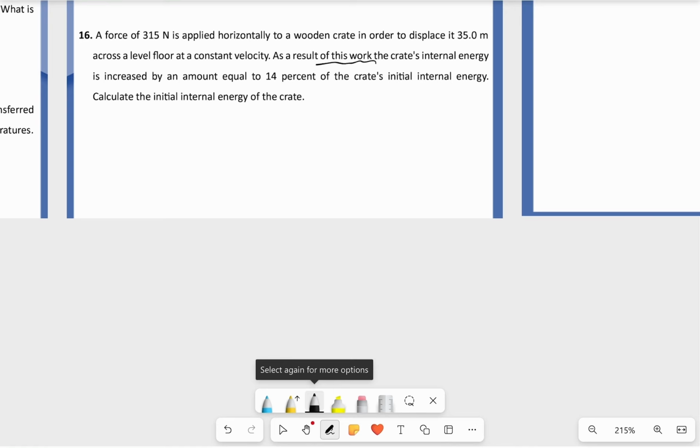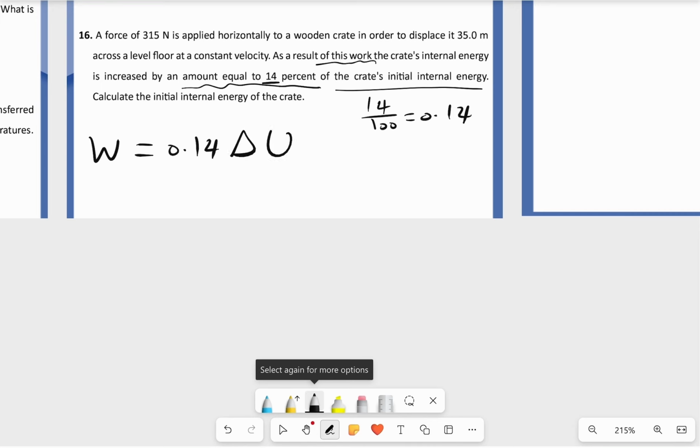Okay, so we can put this into words. It becomes work is increased by an amount of 14% of the crate's initial internal energy. So we have 14%. Whenever you have percent, divide by 100, you get 0.14. Okay, so 0.14 delta U. This is how much the work has changed to internal energy.